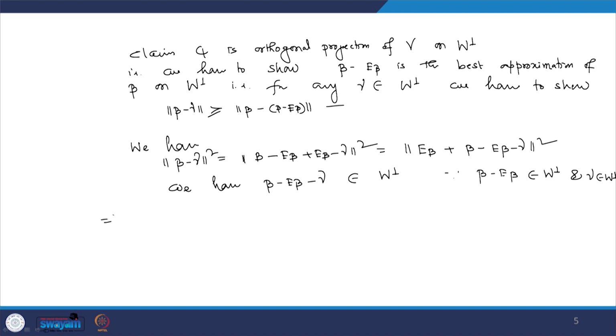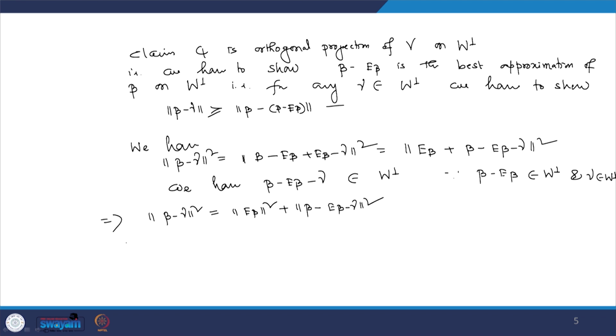So, using the definition of inner product, norm of beta minus gamma whole square will be equal to norm of E beta square plus norm of beta minus E beta minus gamma whole square.